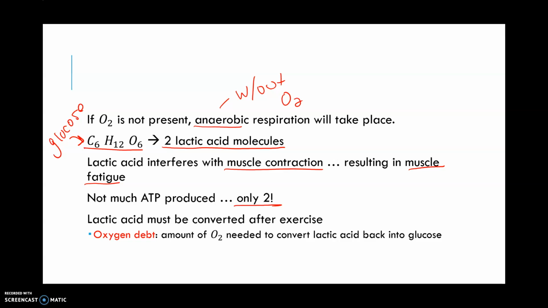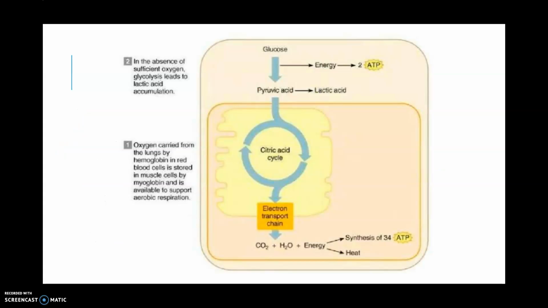So once we have done our exercise, we went into this anaerobic respiration, not enough O2 is present. This lactic acid is made. It has to be converted after exercise. So we're going to see an oxygen debt. So the amount of oxygen we need to convert lactic acid back into glucose.